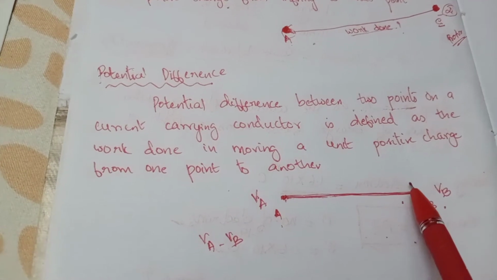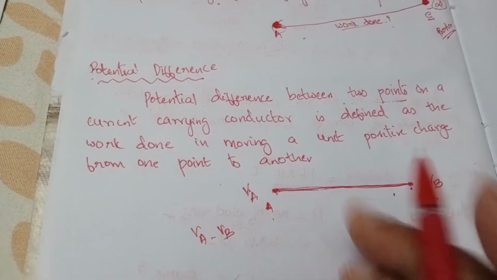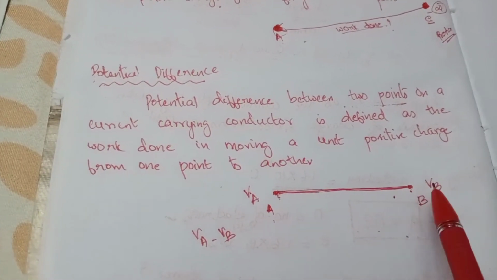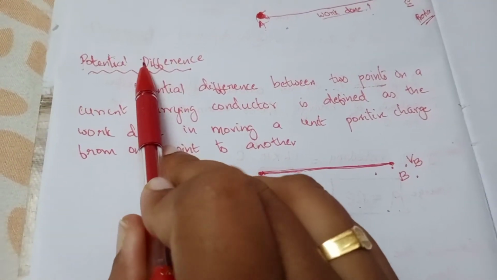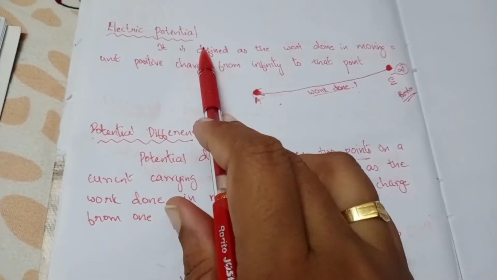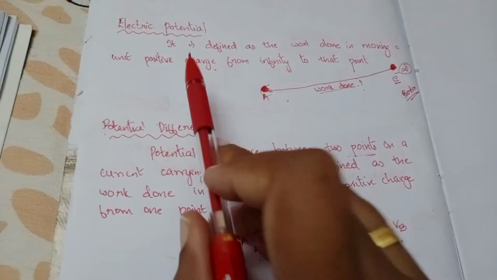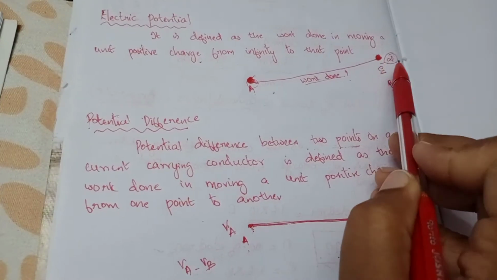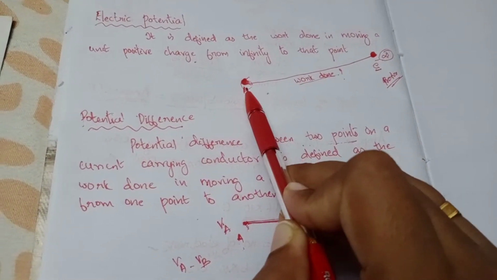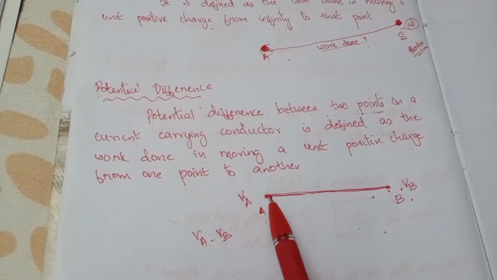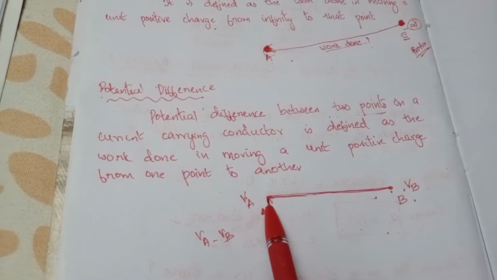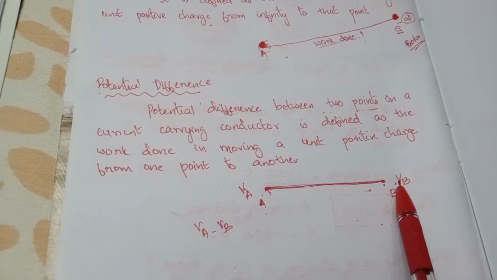The work done in moving a charge from a point A to point B is called the potential difference. Is that clear? So we have two different terms, electric potential and potential difference. Electric potential means work done in moving a charge from infinity to a particular point. Potential difference means work done in moving a charge from a point A to a point B.